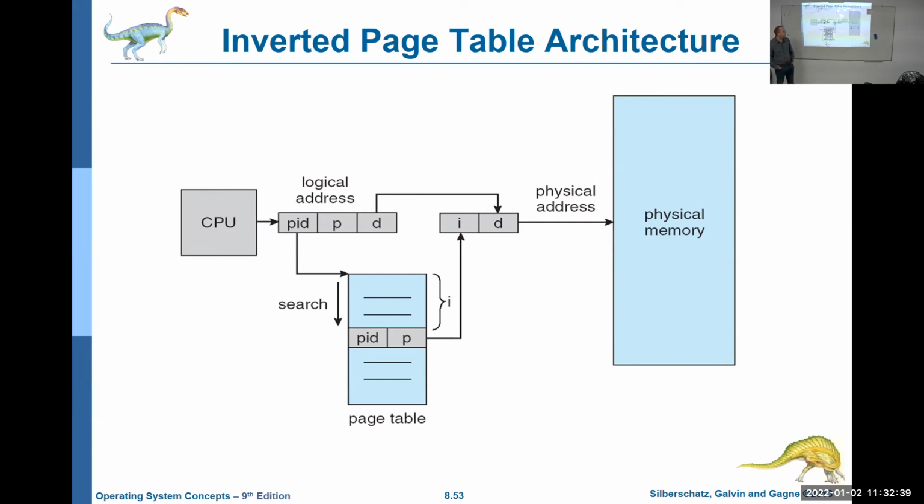I don't think it's practical to have an inverted page table on a large system unless you do the way I said in the beginning. My way was small page tables with individual inverted page tables for each one. But then it wouldn't really be an inverted page table. What I did in the beginning is not really inverted.